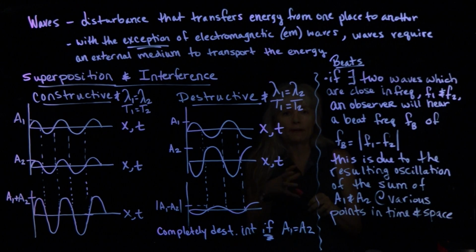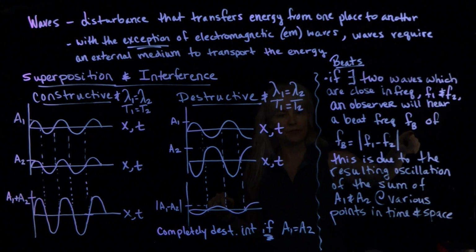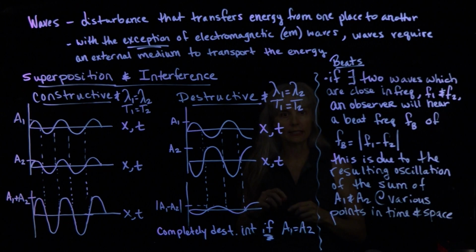An example would be like 50 hertz and 60 hertz. Those would be two waves that are close in frequency. An observer will hear a beat frequency, if these are sound waves, which is all we're going to be worrying about. An observer will hear a beat frequency, F sub B, which is given by the absolute value of the difference in the two frequencies.